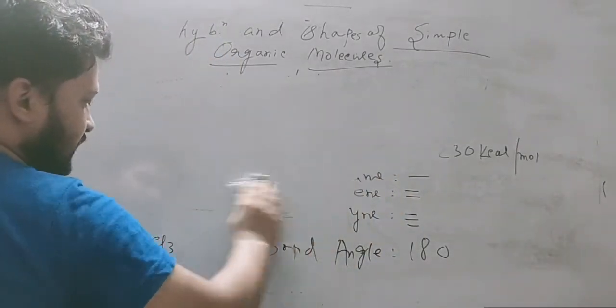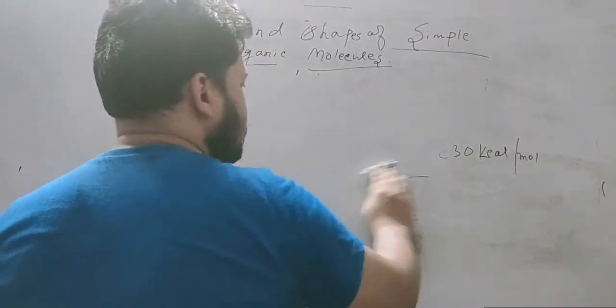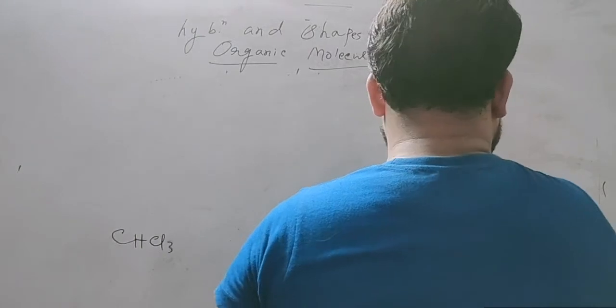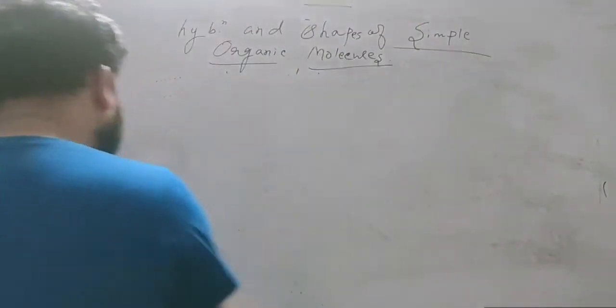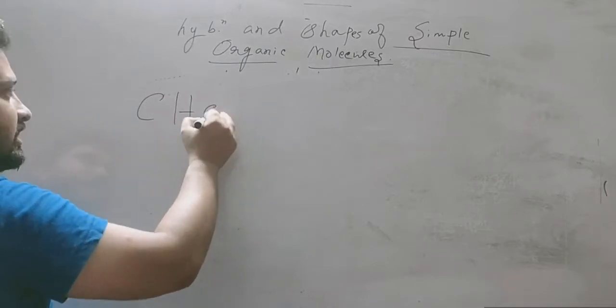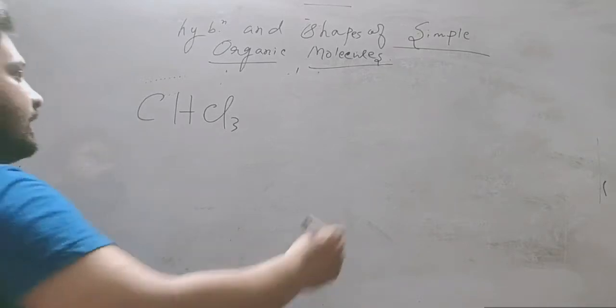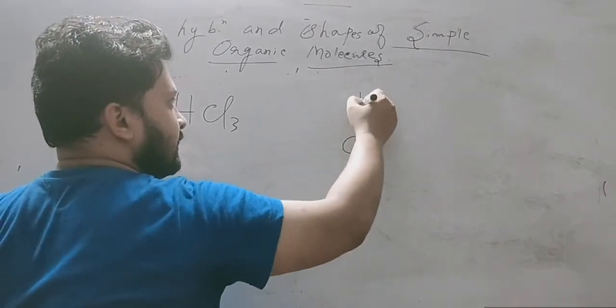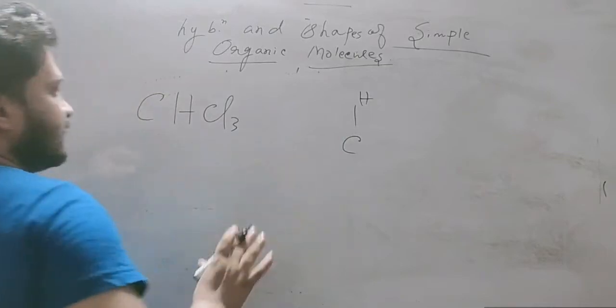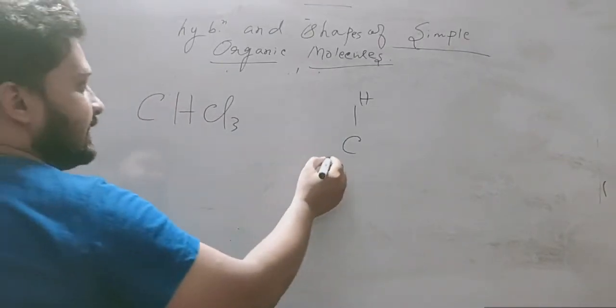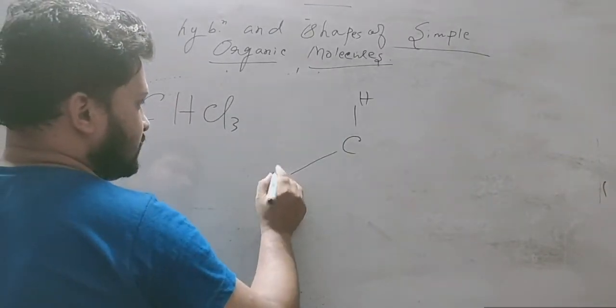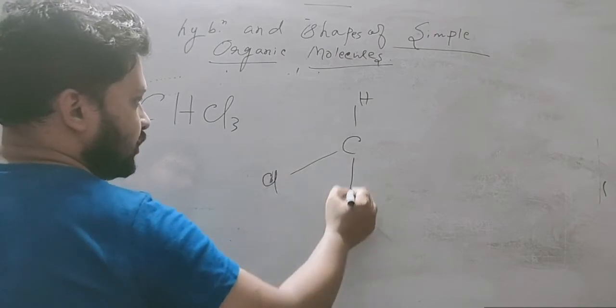And the next one is CHCl3. This is another simple, important organic molecule, and its structure is like methane.